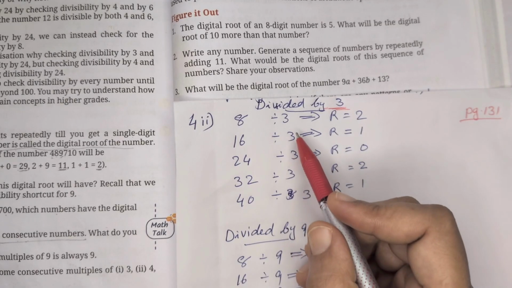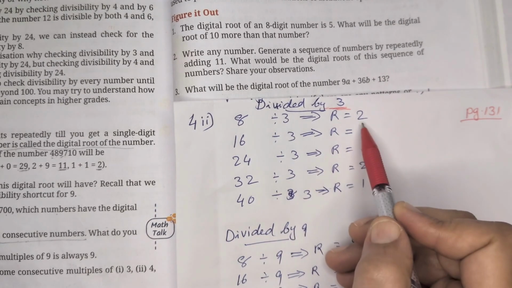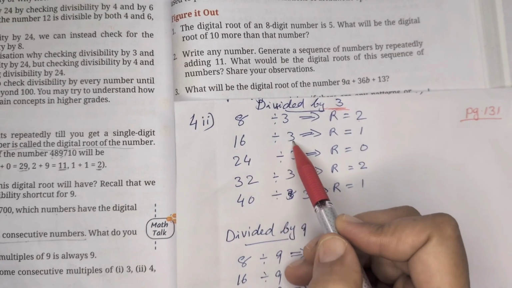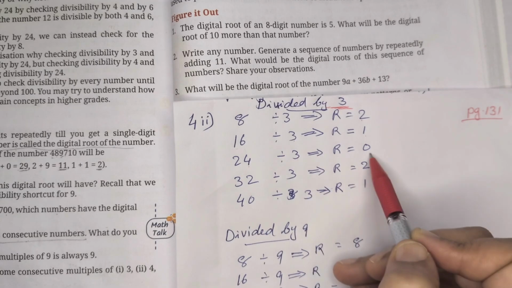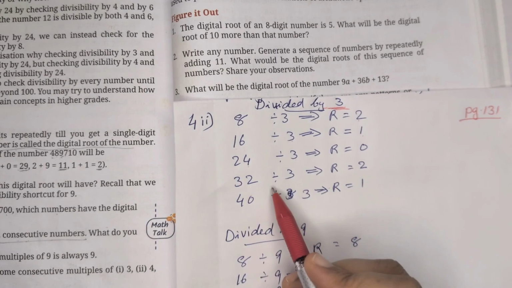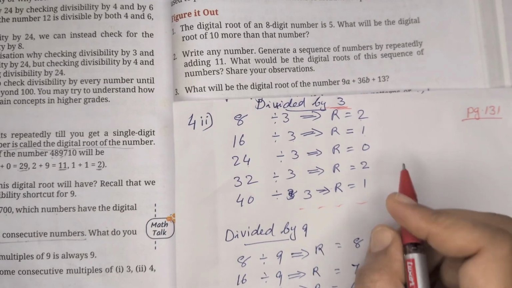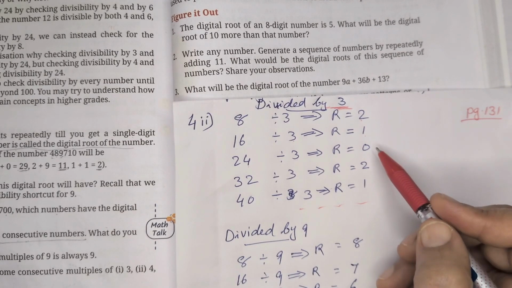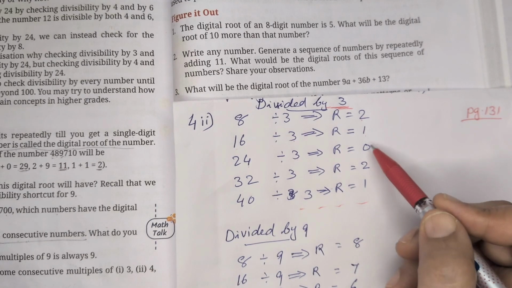So the remainder we are getting: when we are dividing 8 by 3, we get remainder 2. 16 divided by 3, remainder 1. 24 divided by 3, remainder 0. 32 divided by 3, remainder 2, etc. So here we can see the remainder is coming in 0, 1, 2 order.